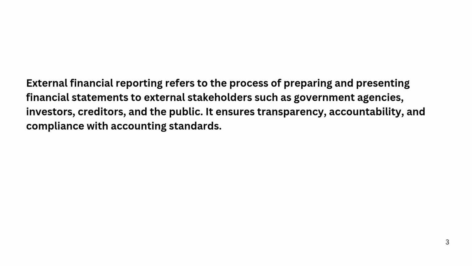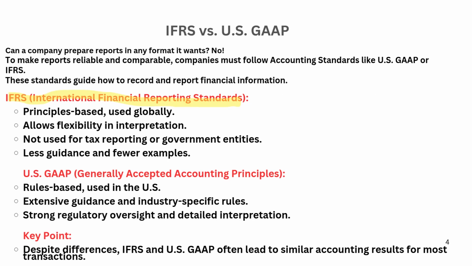Now you might be thinking, can a company prepare its financial reports in any format it wants? To make reports reliable, transparent, and, most importantly, comparable, companies must follow accounting standards. There are 2 major sets of accounting standards in the world. First, we have IFRS, the International Financial Reporting Standards.